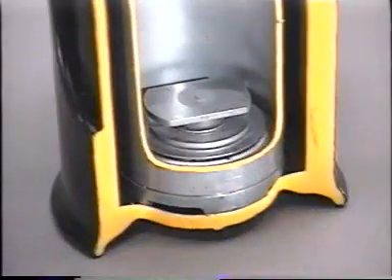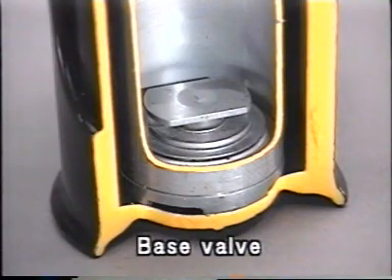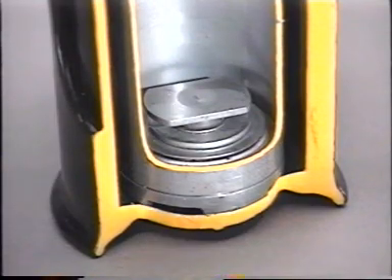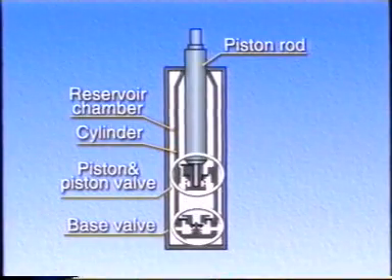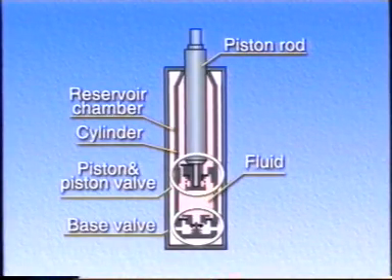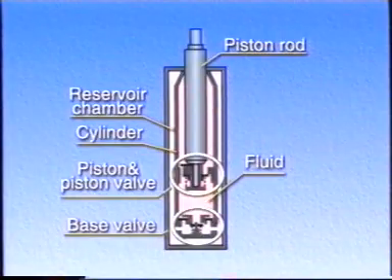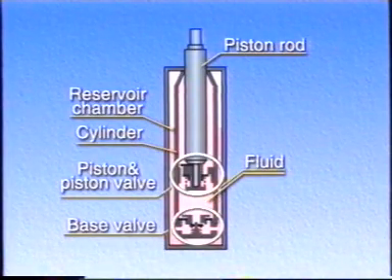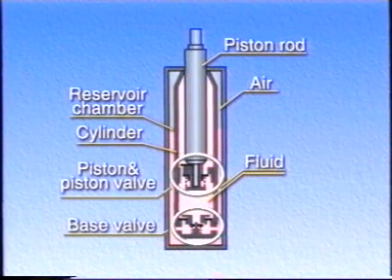When the shock absorber is compressed, damping force is generated in the base of the cylinder by a base valve. The inside of the cylinder is filled with absorber fluid. Only 2/3 of the reservoir chamber located between the cylinder and the outer tube is filled with fluid. The rest is filled with air at atmospheric pressure.